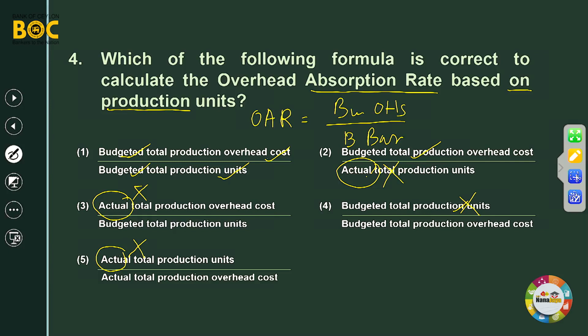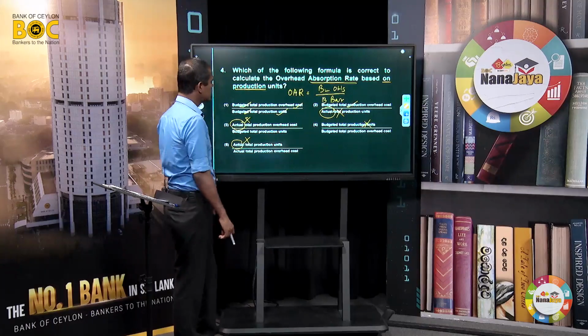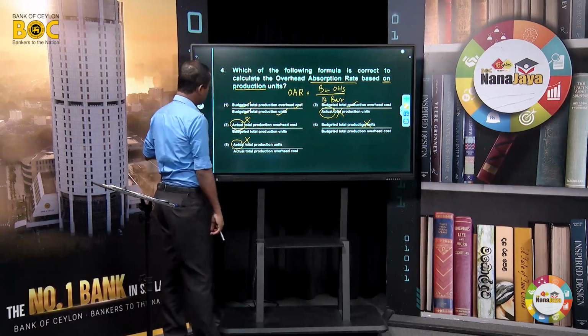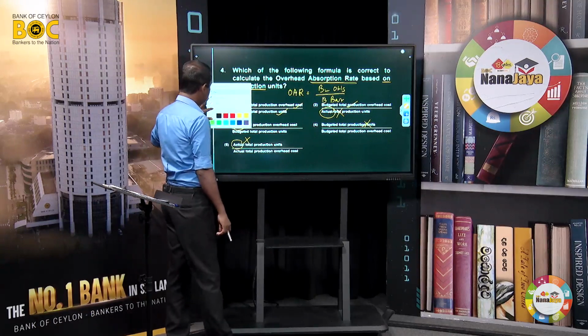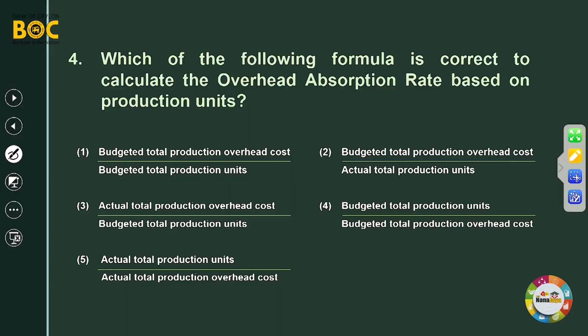So out of the answers given, how do you calculate overhead absorption rate based on production unit? Answer number 1: budgeted total production overhead divided by budgeted production units.